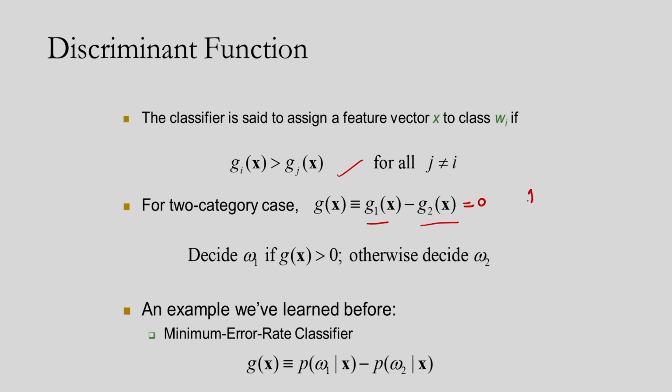In the decision boundary, G1(x) is equal to G2(x). So x is the feature vector, and based on G(x) I can take a classification decision. I can decide the class W1 if G(x) is greater than 0. Otherwise, I have to consider the class is W2.